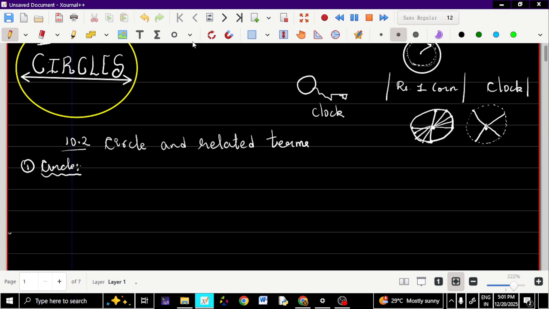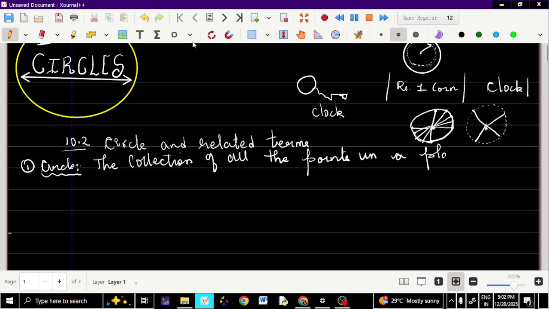A circle is the collection of all the points in a plane which are at a fixed distance from a fixed point.